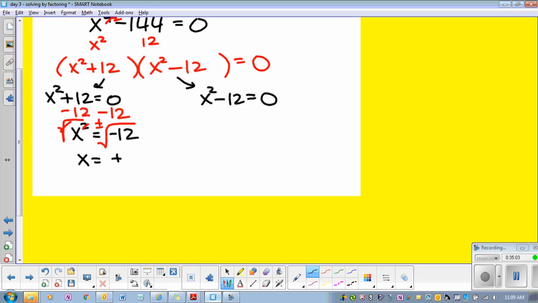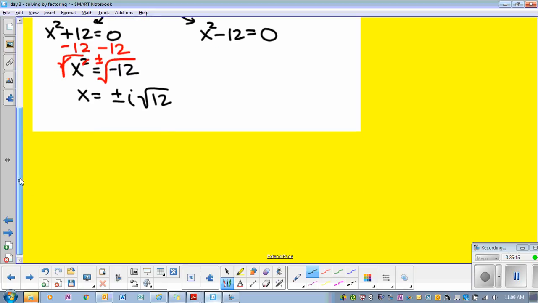X equals plus or minus. Guys, there's a negative inside. What comes out? I comes out, and then we have square root of 12. I really wanted to do this because, you know what? Can't leave 12 like that. Remember when we simplified our radicals? That's what we have to do. 12 is what times what?